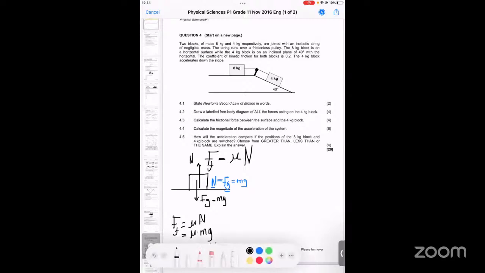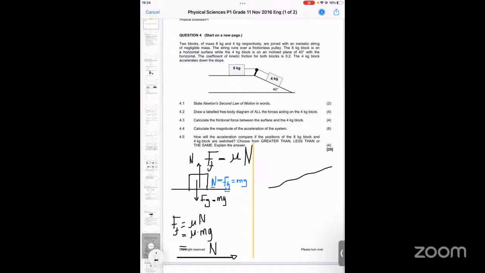Now, there's another situation that you need to look at, where the object is no longer on a flat horizontal surface, but it is on an incline, just like that as an example.